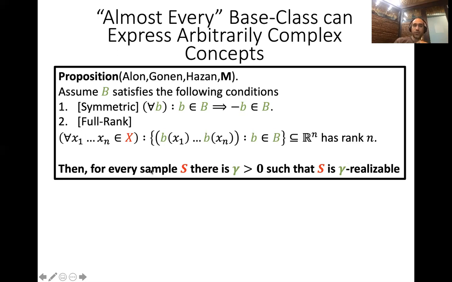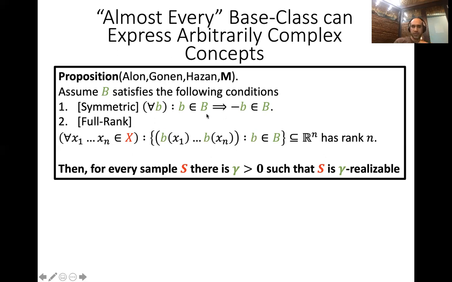So this means that every sample S you give me, I can pick a gamma which is positive, and then once I run boosting, any boosting algorithm using a gamma weak learner, so an agnostic learner with accuracy gamma, I'll be able to interpolate this input sample.